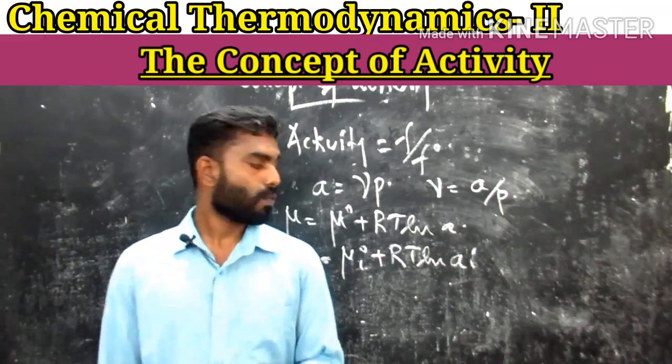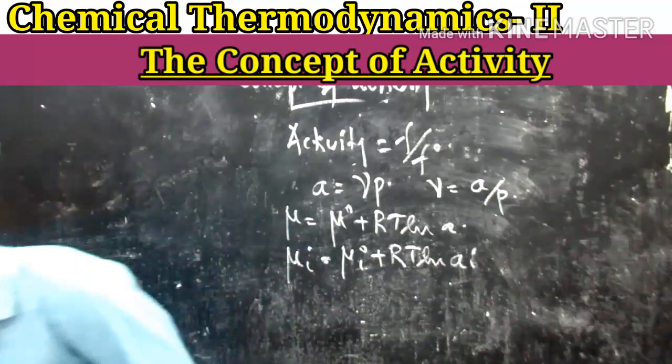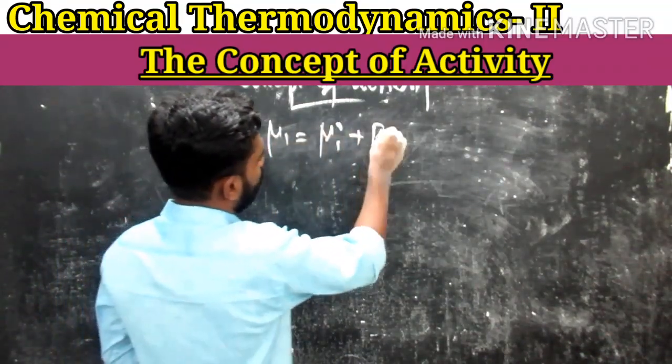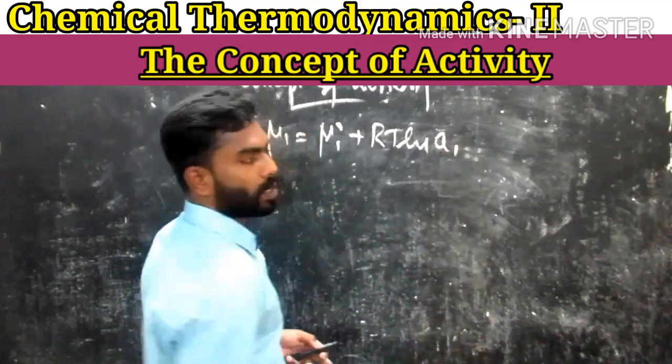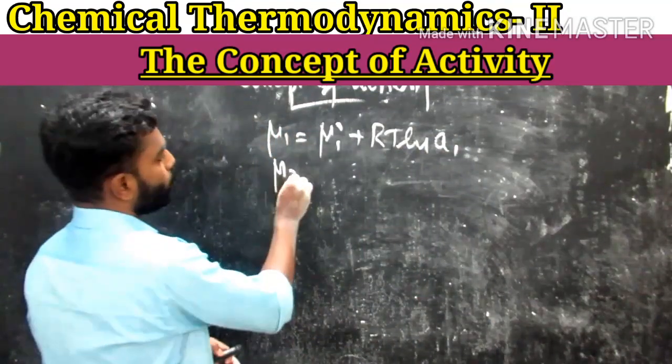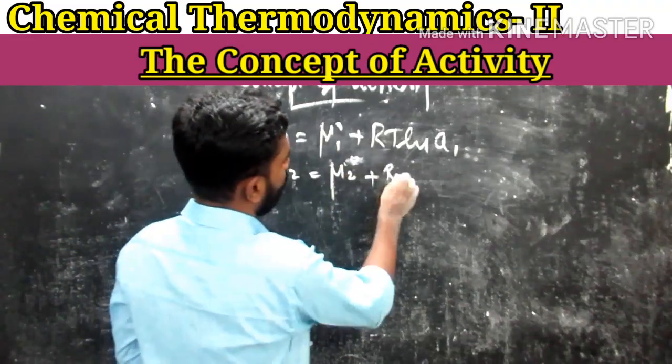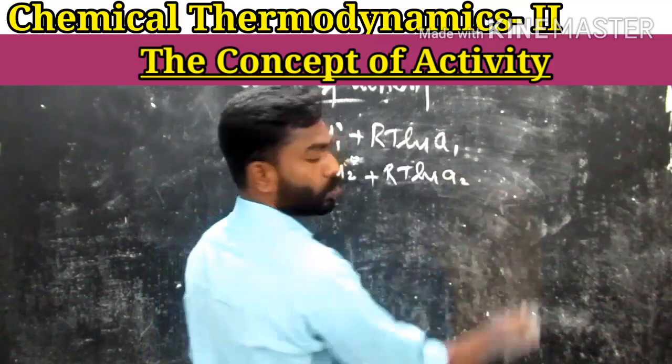Then how can we write mu1 and mu2? mu1 is equal to mu10 plus RT ln A1 and mu2 is equal to mu20 plus RT ln A2.